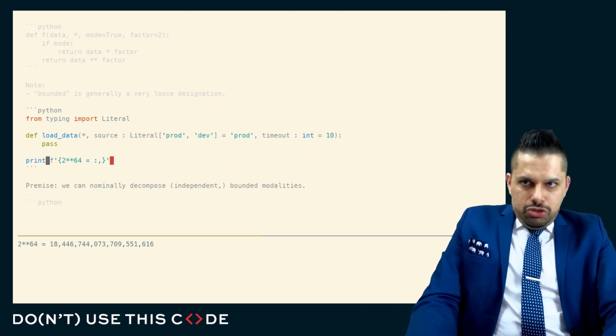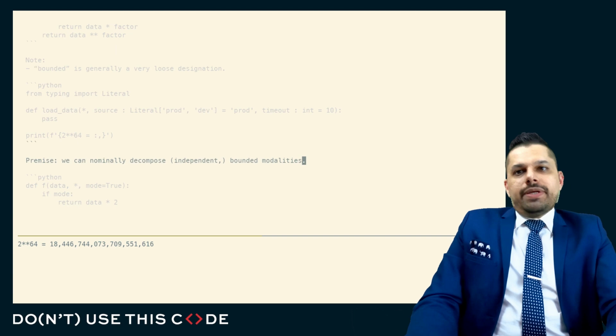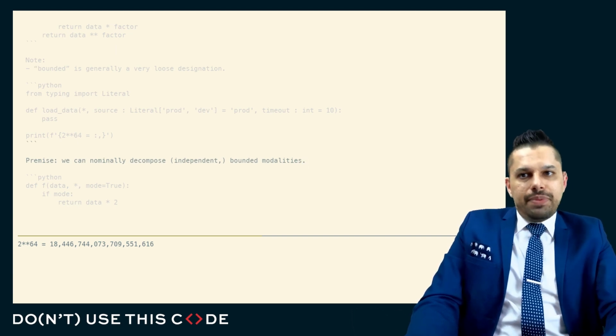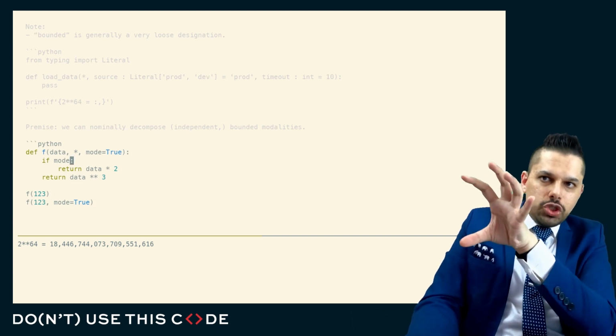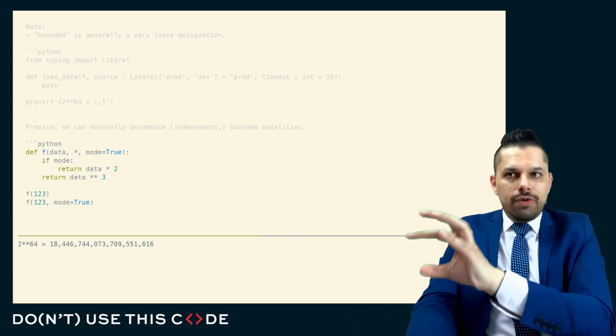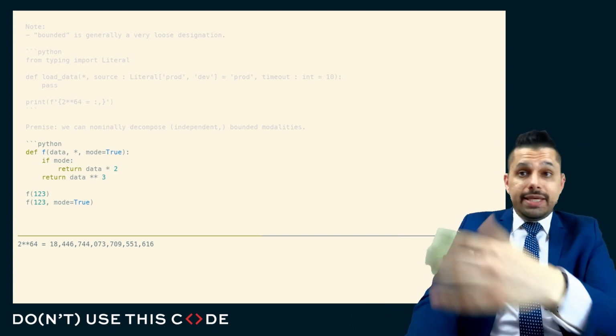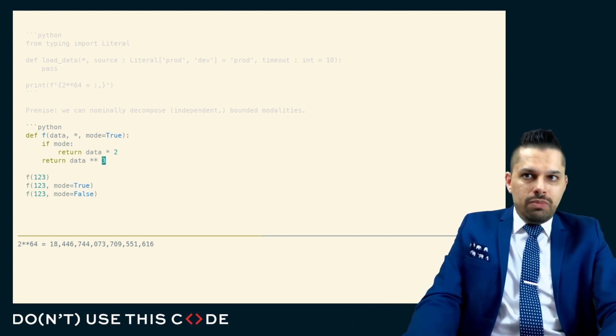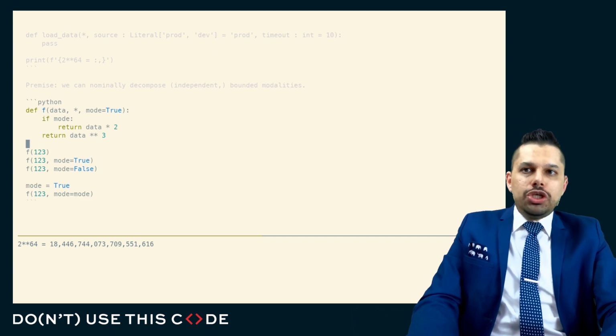What this leads to is the key premise. When we have independent bounded modalities, we can do a nominal decomposition on them. In other words, if I have this function and it has a modal parameter, a true or a false parameter, I can write it like this, where under one mode it does a square, and under the other mode it does a cube, and by default it does the square.